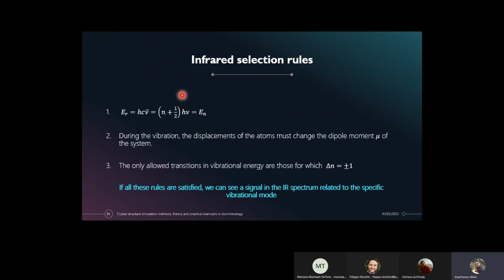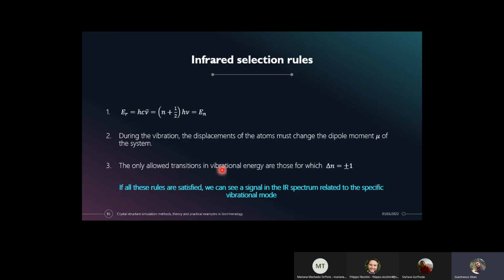So these are the theoretically available vibrational modes for solids and molecules. How many peaks, how many signals may I observe now in my system? An infrared mode is active, so it can be excited and measured in infrared spectroscopy, if during the vibration the displacement of atoms changes the dipole moment of the system.